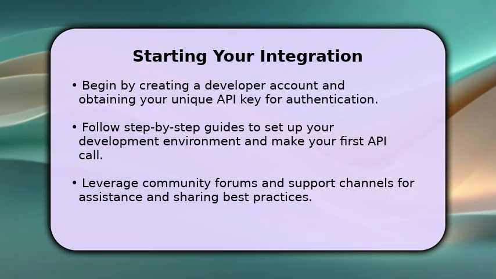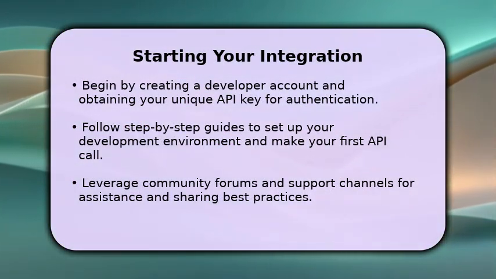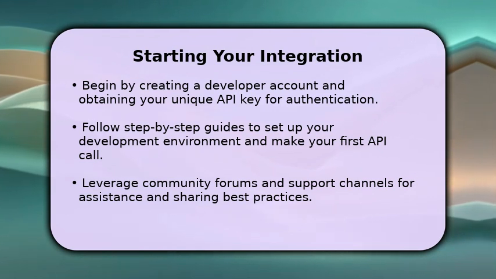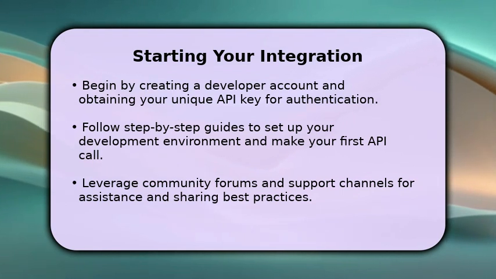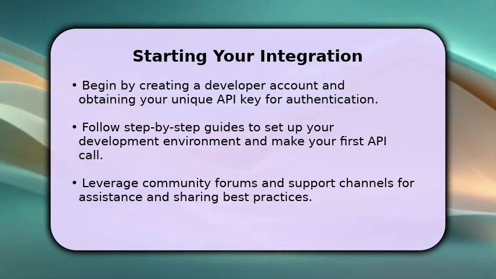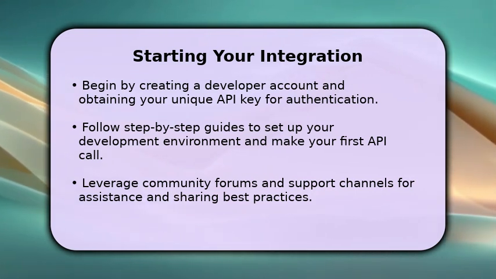To begin your integration journey, first create a developer account and secure your unique API key, which is essential for authentication. The website provides clear, step-by-step guides to help you set up your development environment and successfully make your very first API call.